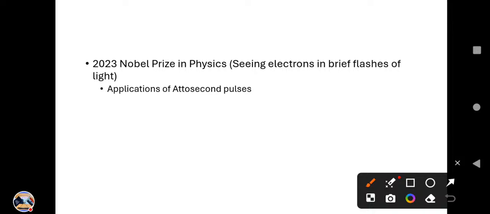Scientists could find this technology to see how electrons move, and how we can control them, to study this ideal situation of the life of electrons. So this was the crucial discovery of these Nobel Prize scientists.